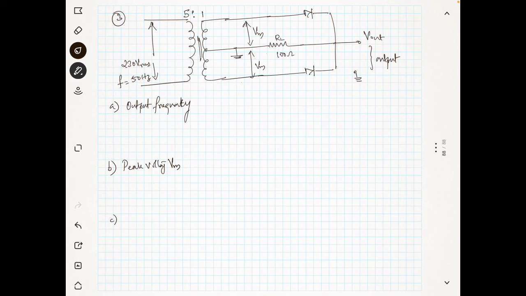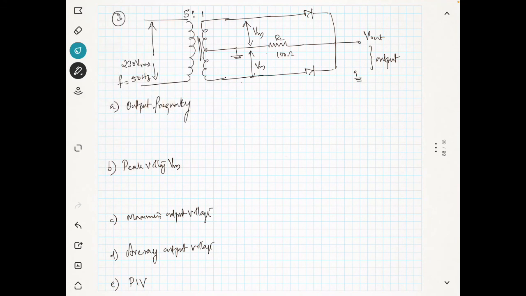The third part of the question, maximum output voltage. The fourth part of the question is the average output voltage. And the fifth part of the question is the peak inverse voltage. So we will solve one by one.